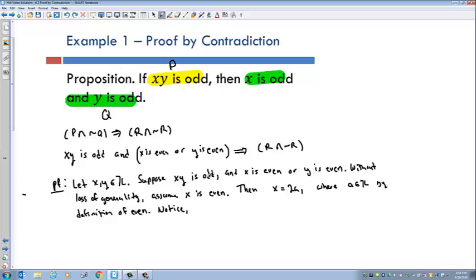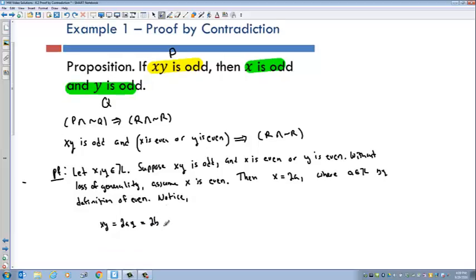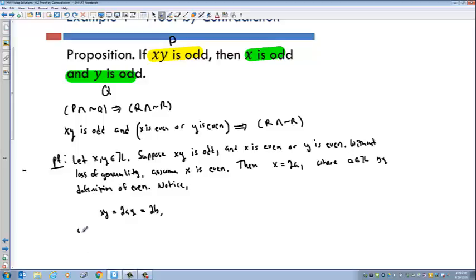If you have an even number like 4, it doesn't matter what number you multiply it by, it's still going to be even. So notice x times y will be equal to 2a times y, which is equal to 2b, where b is equal to a times y, and it's an element of the integers. Hence, xy equal to 2b is even.